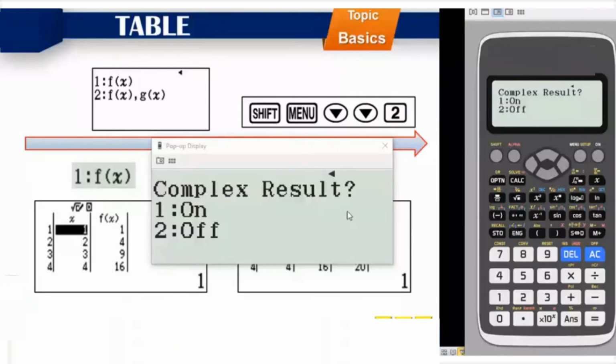If I prefer displaying the complex number, the calculator will give the answer in the form of iota. And if I press complex numbers off, then the calculator will simply say that the results are complex. I'll just show it to you.